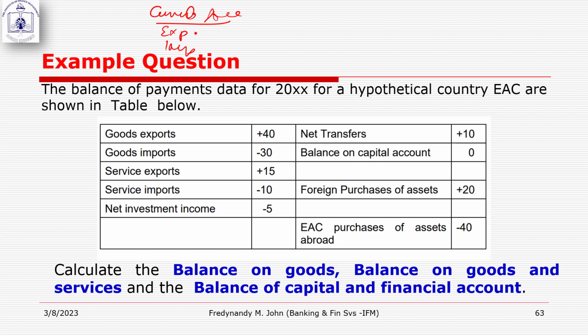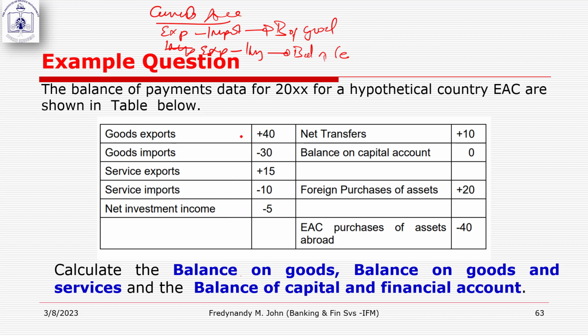Therefore, the difference between export and import of goods is what's going to give you balance of goods. The difference between export and import of services is going to give you balance of services. Again, the difference between the volume of exports and imports is going to give you balance of trade.